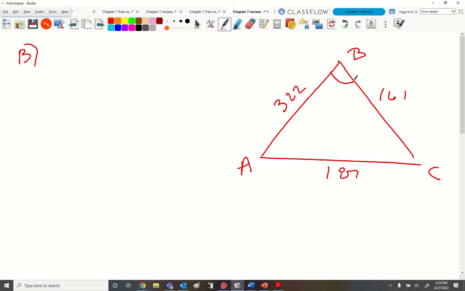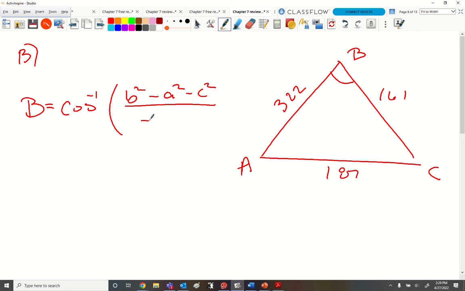So, if we have our formula, angle B is equal to, so now, if I'm looking for an angle, I use the inverse cosine, b squared minus a squared minus c squared over negative 2ac. There we go.